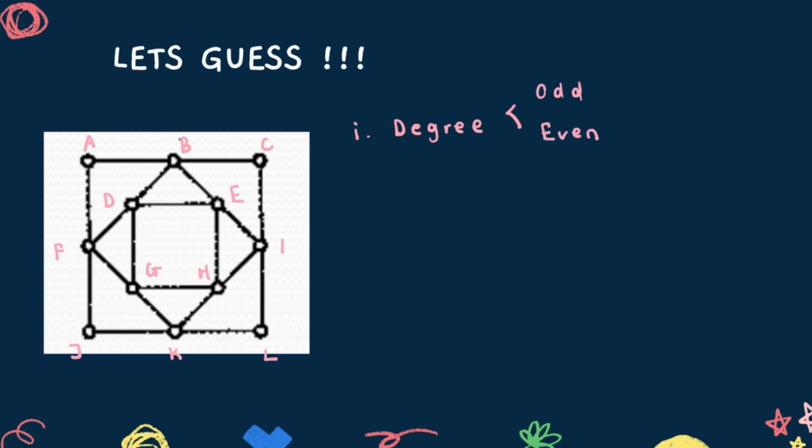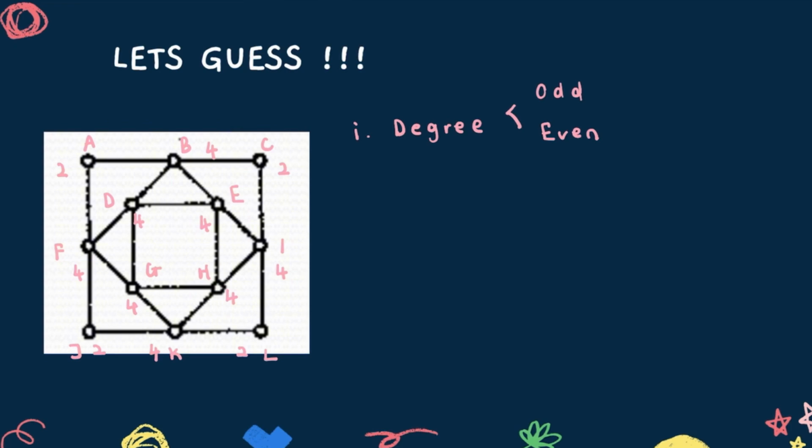We're going to count now. A has 2 degrees, B has 4, C 2, D 4, E 4, F 4, G 4, H 4, I 4, L 2, K 4, sorry, and J has 2 degrees.